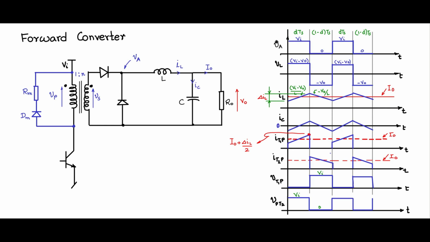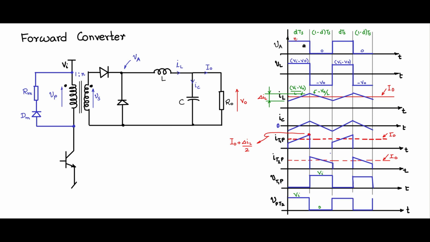So VA here, and during DTS, when the switch is on, what will appear is VI, and this VI, look at the dots, will translate to the secondary voltage as N times VI. The N times VI will appear across at VA. So therefore this VI will change to N times VI.